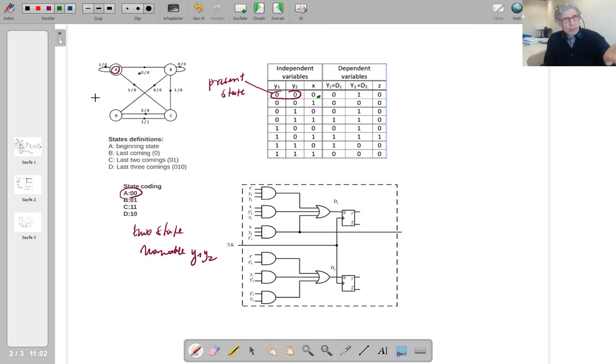When the clock pulse comes, in a synchronous sequential circuit, your next state is going to be B. Next state, make it a different color. Your next state is B. What is B? It is 0, 1.